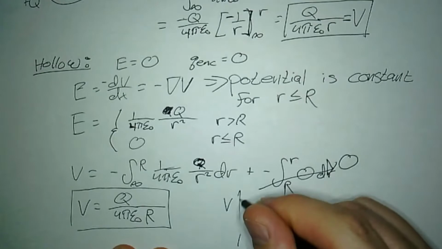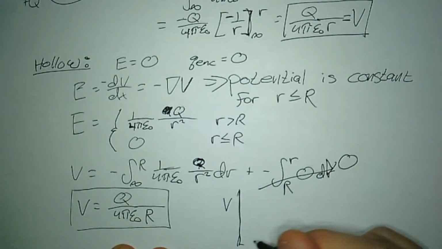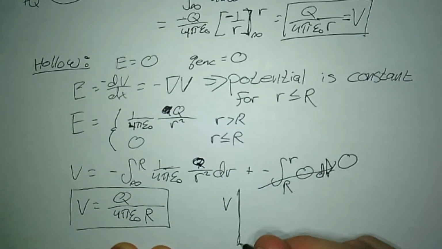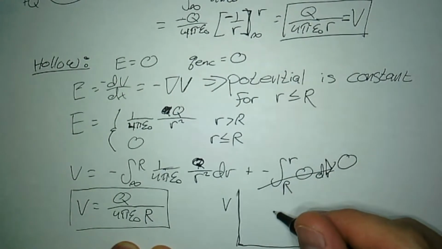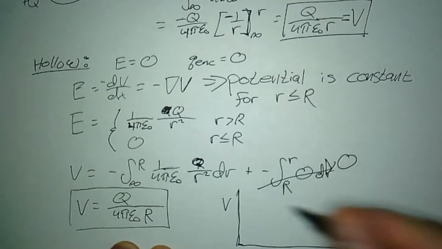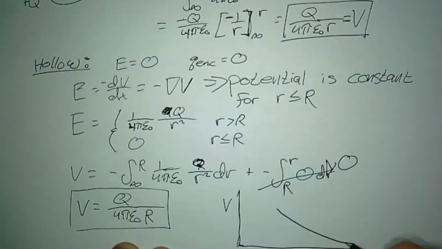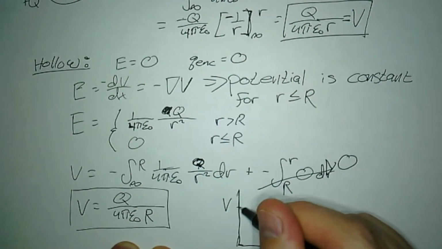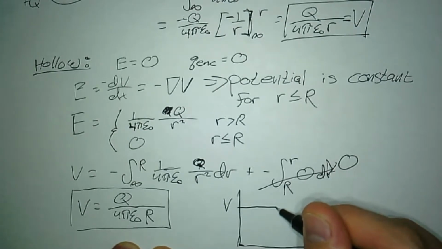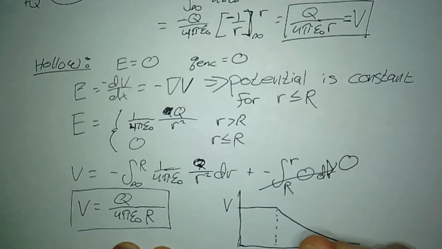So if I want to quickly graph both of those, or my potential as a function of radius, it's going to look like this. Out here it's going to go like 1 over r, and inside, that's going to be constant.